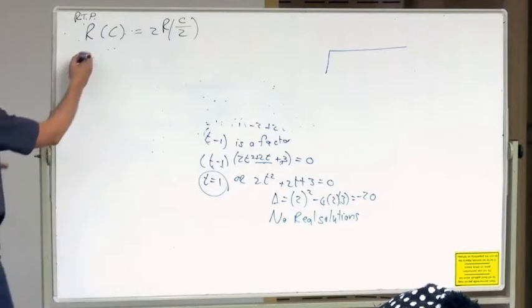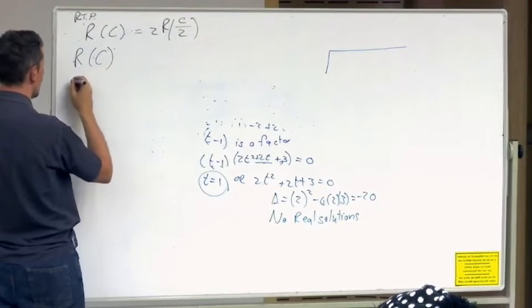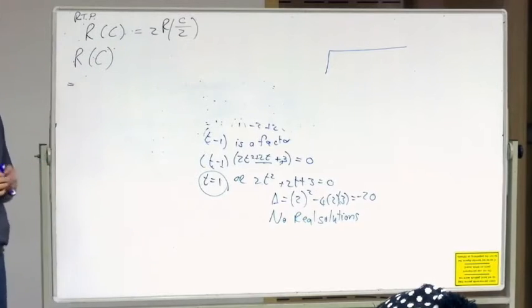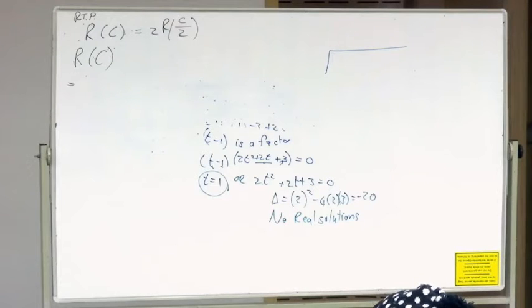So I'm going to start left and look at R of C. What does R of C mean? R of C means I replace every x in my expression with C, so I just substitute in.